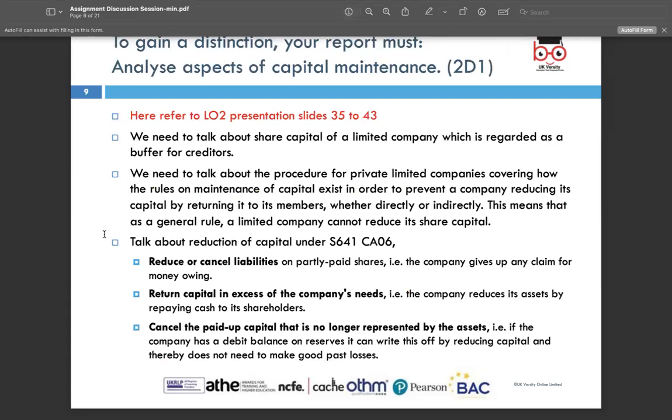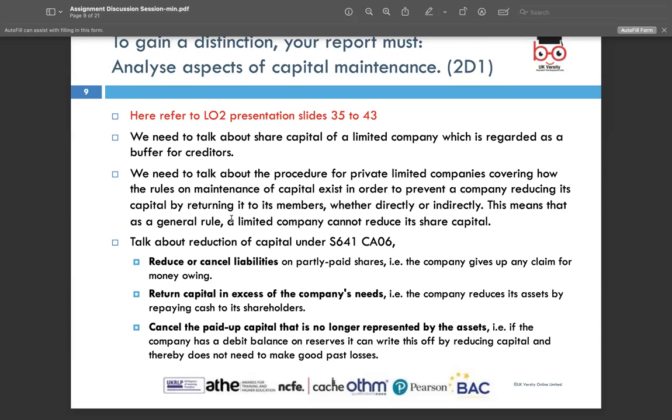Okay, so, to gain a distinction, your report must analyze aspects of capital maintenance. Basically, analyze aspects of capital maintenance, like the share capital of a company and capital as a creditor buffer.